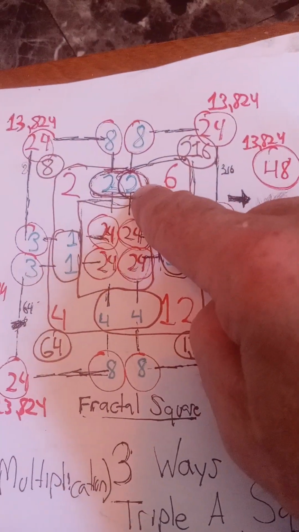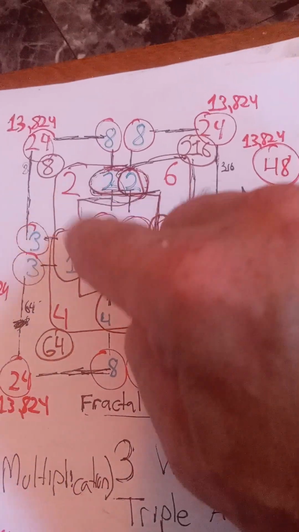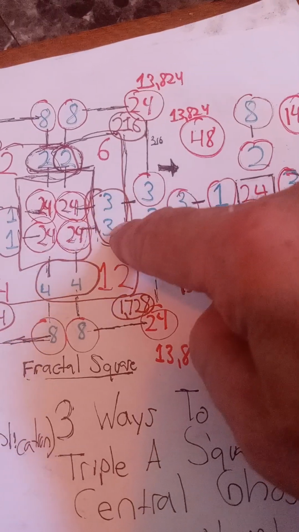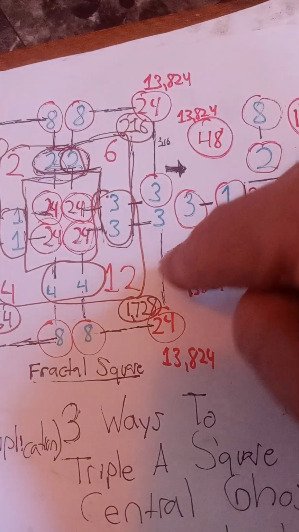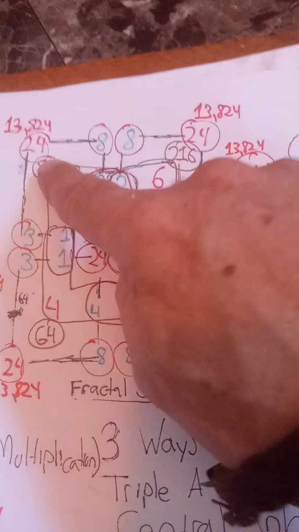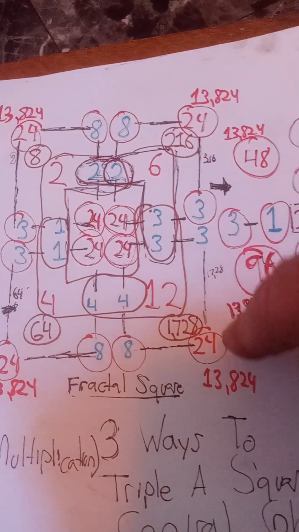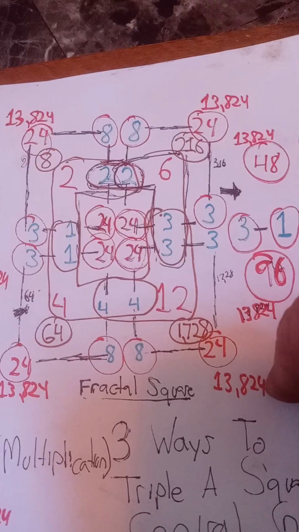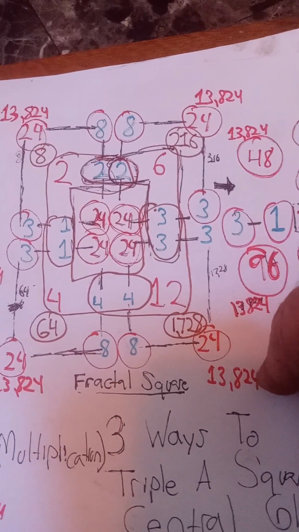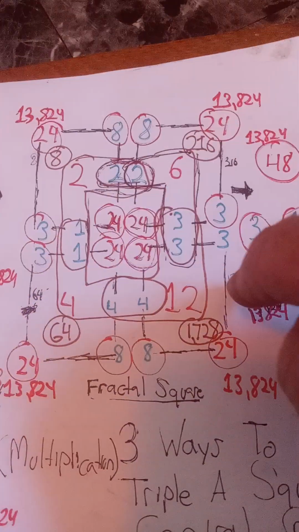Same as with this. 2 times 2 times 2 times 1 times 1 is 8. Down here, 3 times 3 times 12 times 4 times 4 is 1,728. You do the multiplication, and it's 13,824 on both sides.